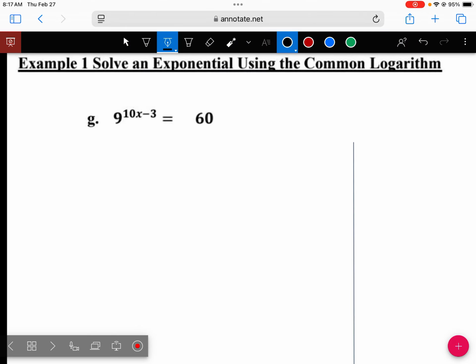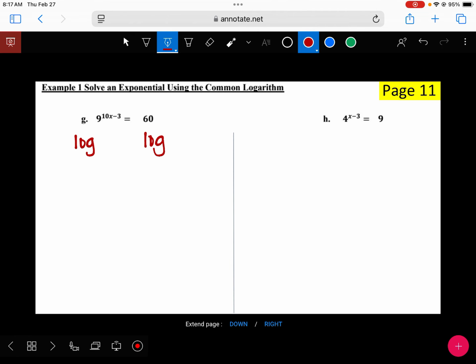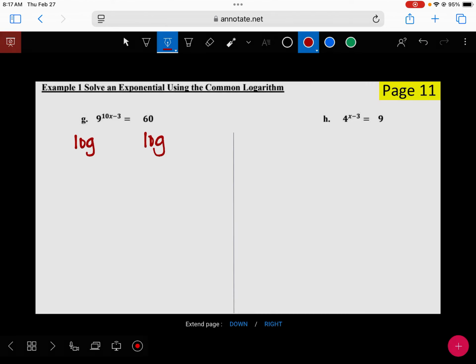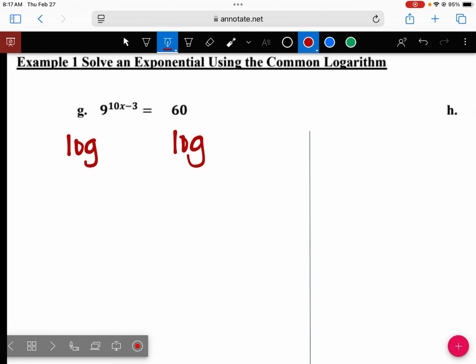So the first step is to put our log in on both sides. So we're going to put a log in on both sides. And we're on page 11. So that'll be a 9 and then my exponent is 10x minus 3.